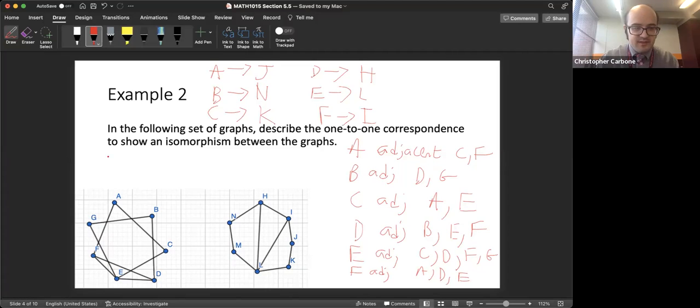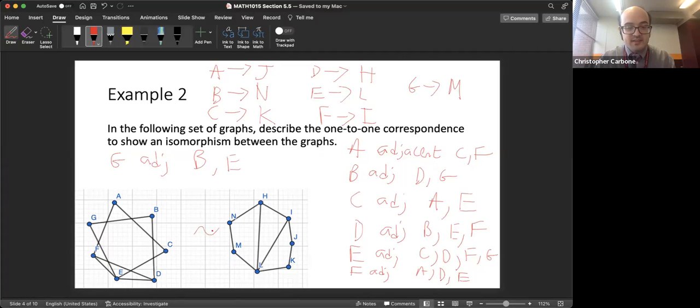And then the last one, I'll just write over here since I have no room on the side. G is adjacent to B and C. And the last correspondence for G is going to be M on the second graph.